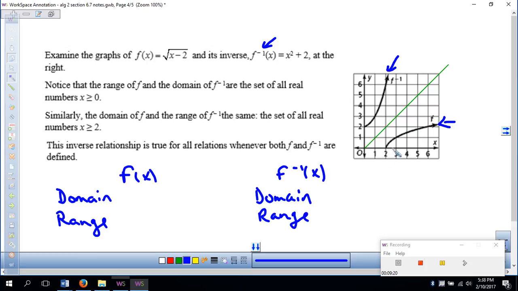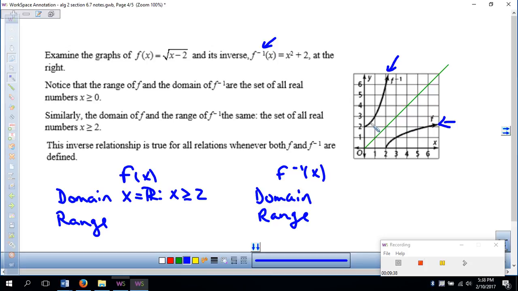So the domain of f, we remember domain are all the acceptable x values for the function. So we can see this function right here has no x values less than 2. So the domain would be x equals all real numbers such that x is greater than or equal to 2.